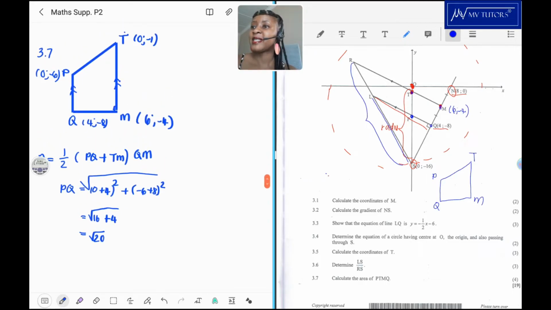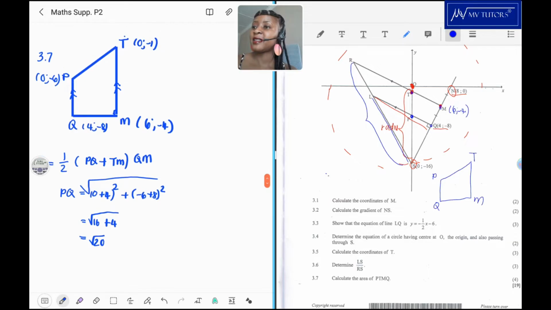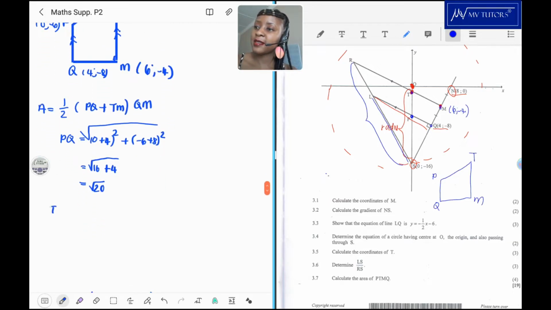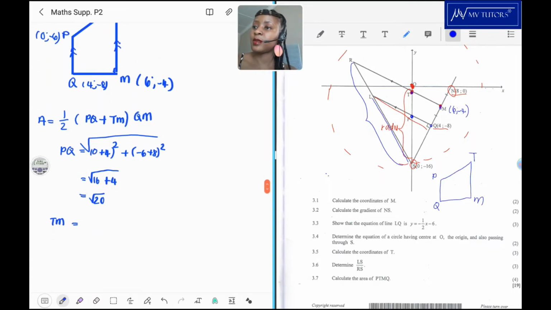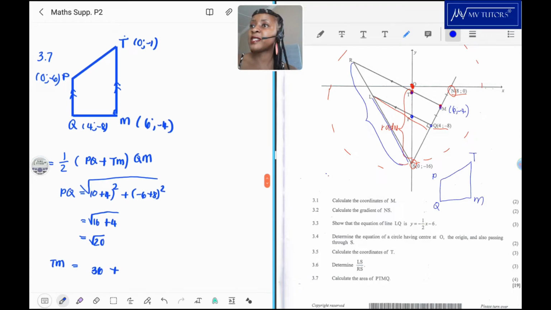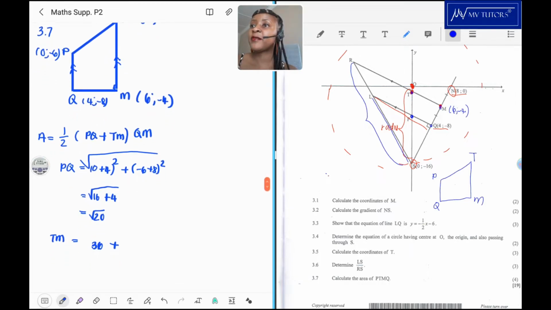And now we get to TM. So the x value for T is 0, and the x value for M is 6, and 6 squared is 36. We're just writing it. The y value for T is minus 1, and for M is minus 4.